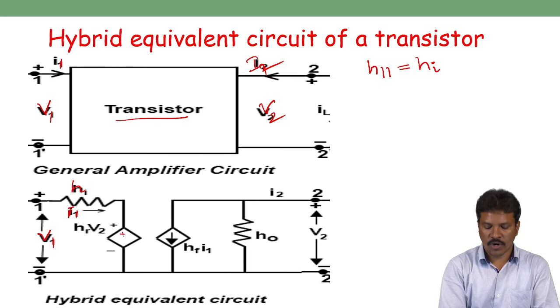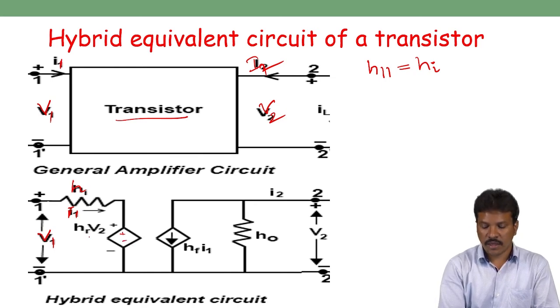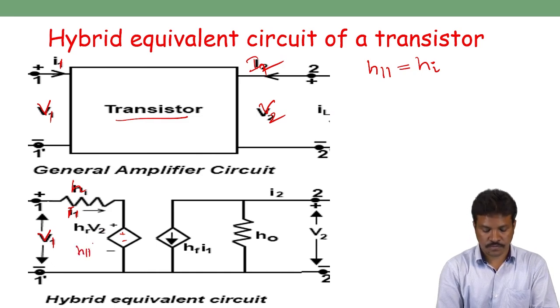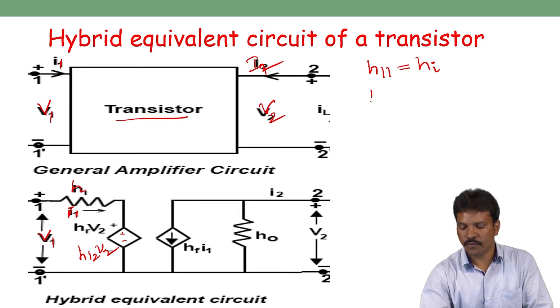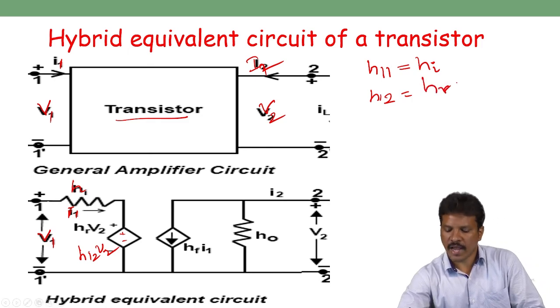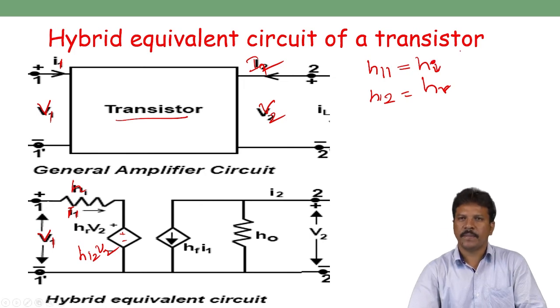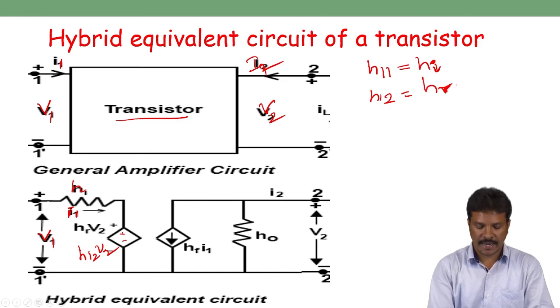Then the voltage source in series in the equivalent diagram is H12 V2. H12 is the reverse voltage gain, which we represent with a small r, so Hi represents the input impedance and Hr the reverse voltage gain.